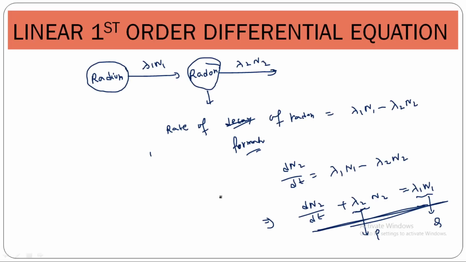So the integrating factor is e to the power integration p dt, that means e to the power lambda 2 into t.